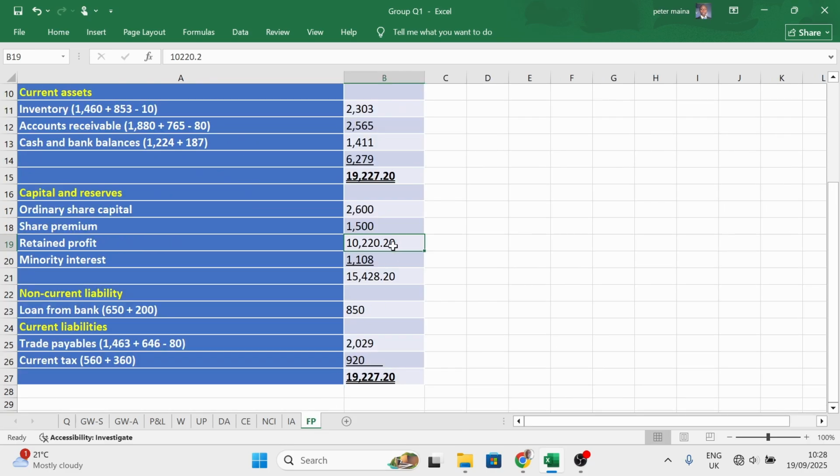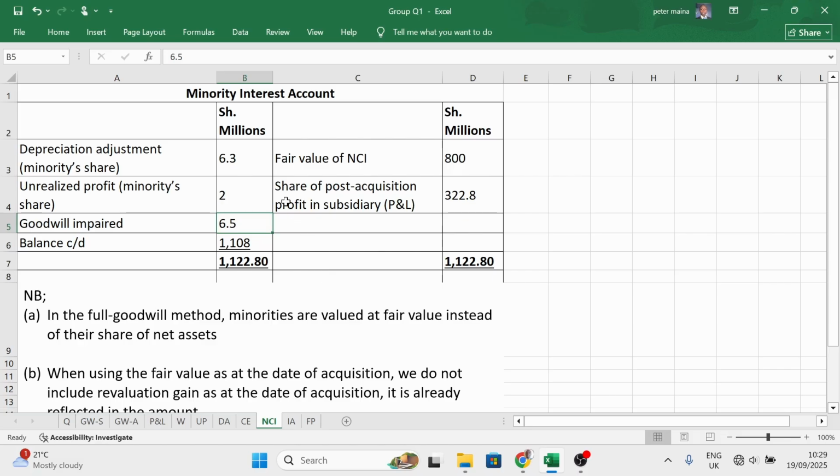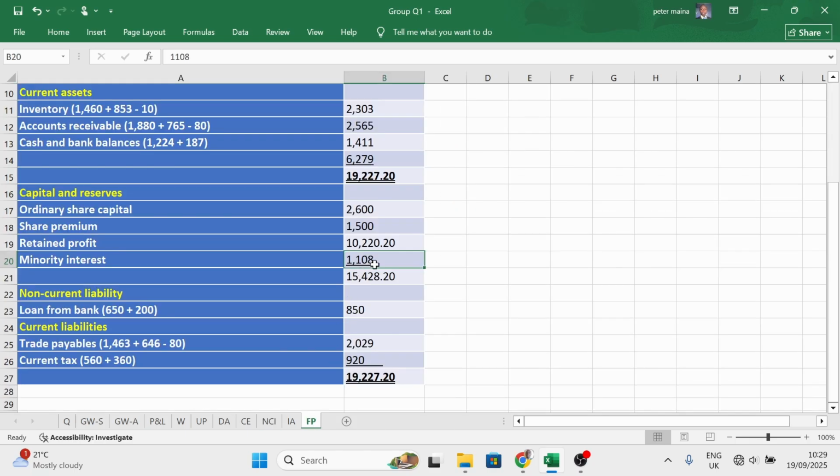That is the one we brought here. And then you're supposed to include minority interest in this section. This amount is supposed to come from the minority interest account, 1108. We go back to the minority interest account. The balance carried down was 1108. That is what we brought here.